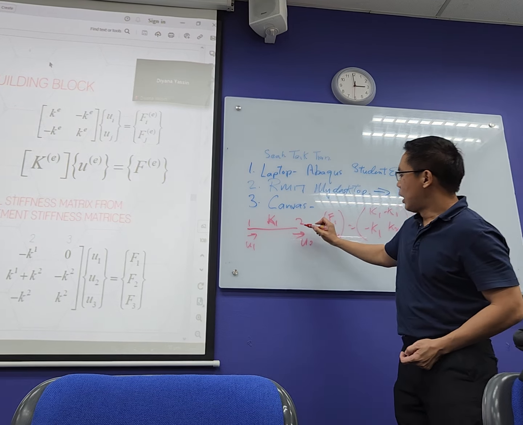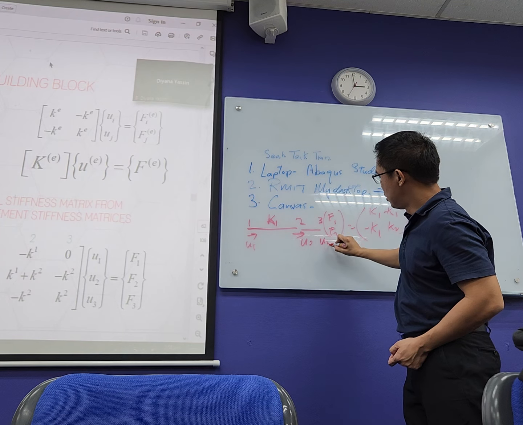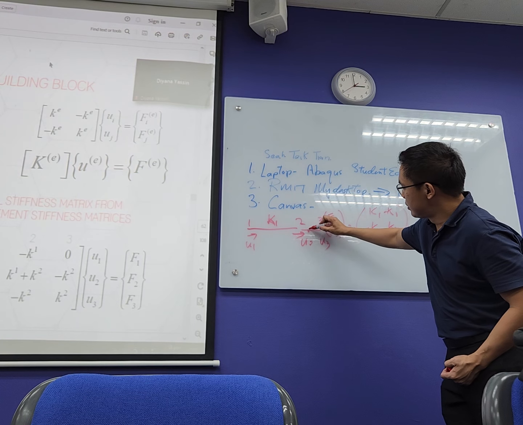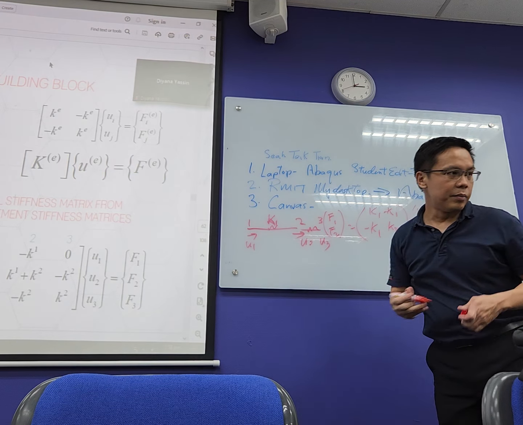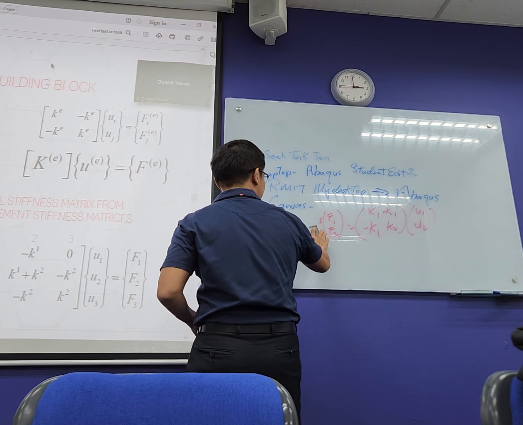Now, another element comes in, U3. What is the stiffness matrix for this second element? My apologies, let me do it better so I don't confuse you.